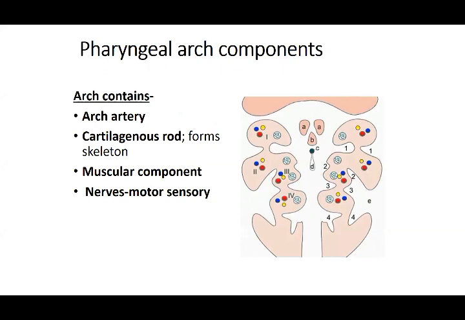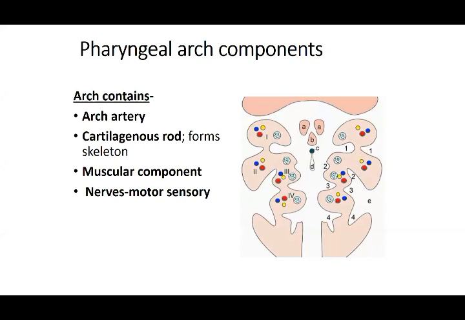If you see this picture, this arch contains an arch artery, the red one. This is the branchial apparatus. The inner side, which is protruding, one, two, three, four, that is the endoderm. This is your pharyngeal pouch. The outer one, the clefts, which are depressing inwards, that is your pharyngeal ectoderm or the pharyngeal clefts.